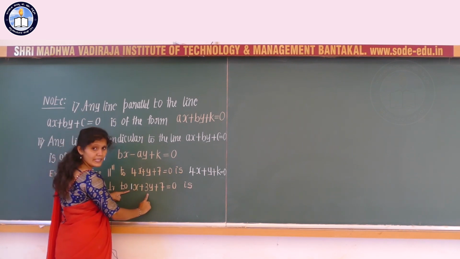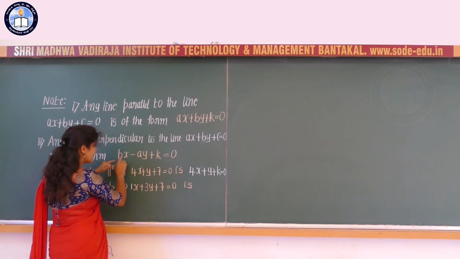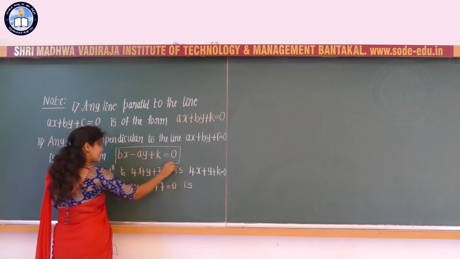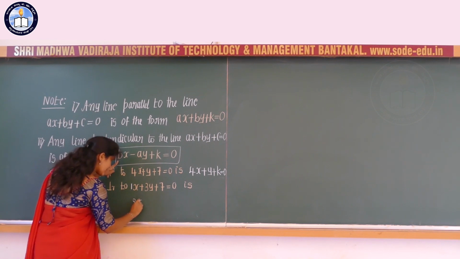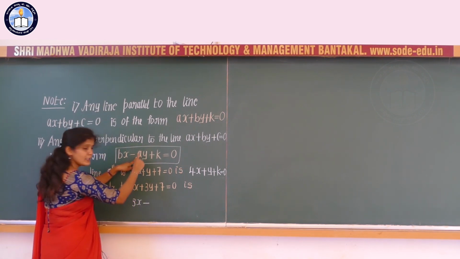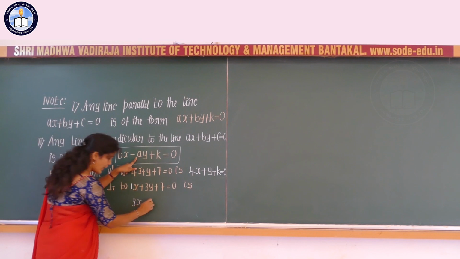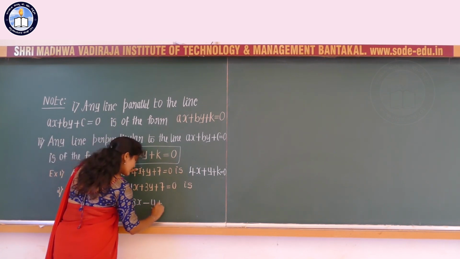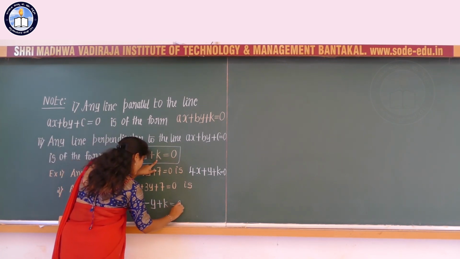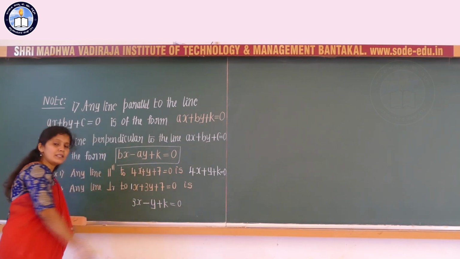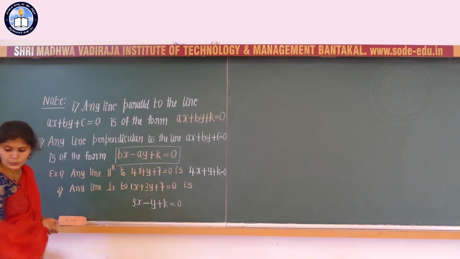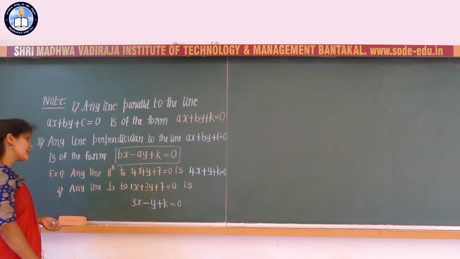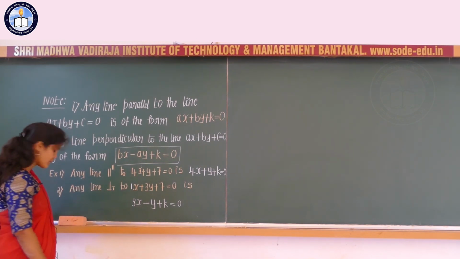What is the value of b? 3. So the line perpendicular to the given line is b into x, b value is 3, 3 into x minus a into y, a value is 1, 1 into y plus the constant k equal to 0. This represents the equation of the line which is perpendicular to the given line x plus 3y plus 7 equal to 0.